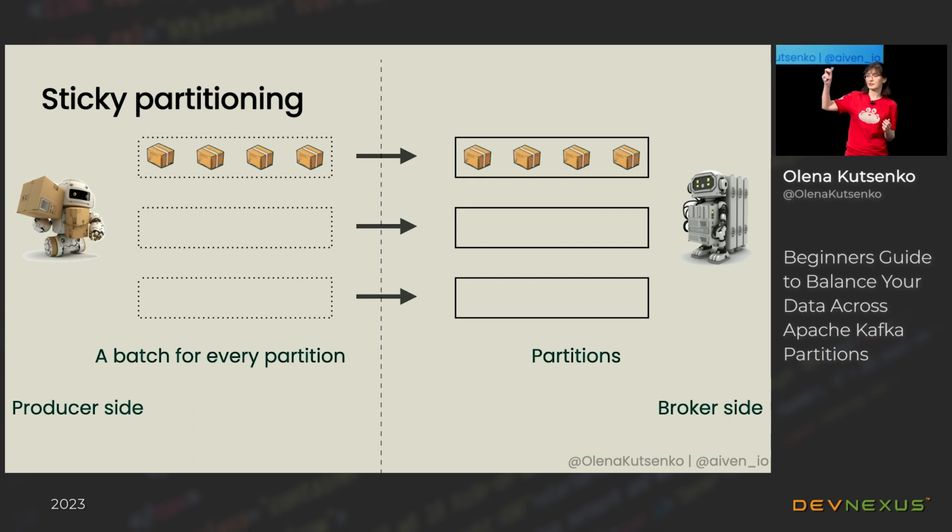Then sticky partitioning will select the next partition and do that operation again and again. The idea behind this is that over time, we still evenly distribute the data across those partitions. And the advantage based on the benchmarks is a significant reduction in latency.